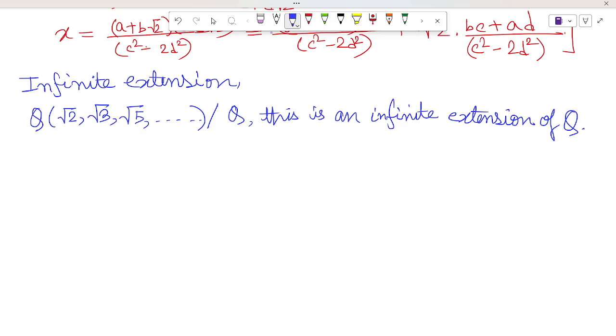If it were finite, then it would be generated by only finitely many primes. But we know the number of primes is infinite.